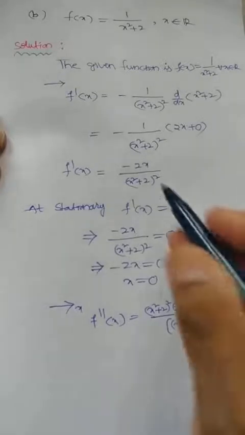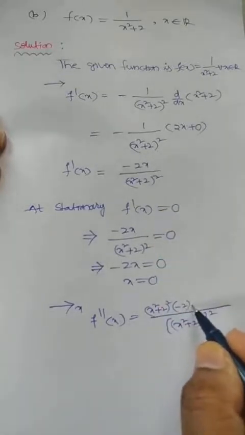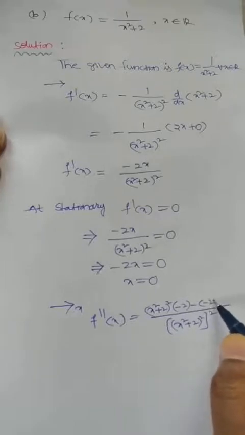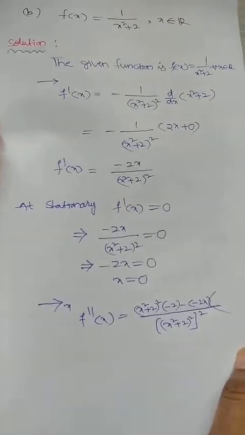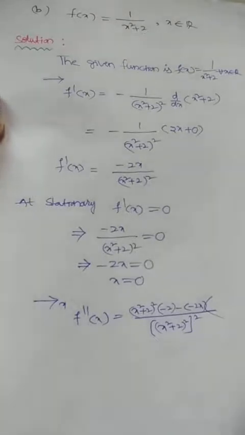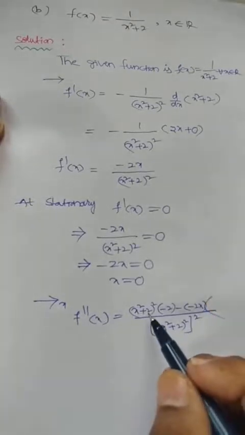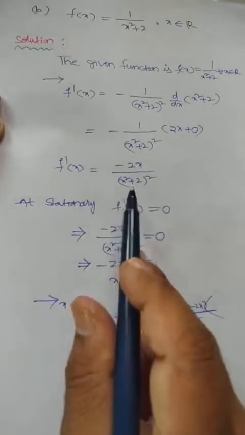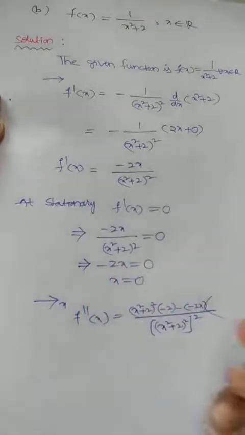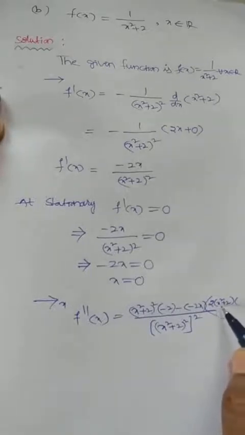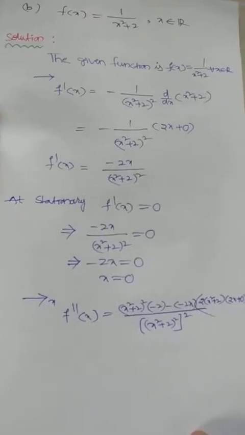Minus 2x, u derivative, it is minus 2, again minus 1. u remains the same, minus 2x into v derivative. What is our v? x square plus 2 whole square. That is 2 into x square plus 2, again this bracket term's derivative. x square derivative is 2x, and 2 derivative is 0. Okay.